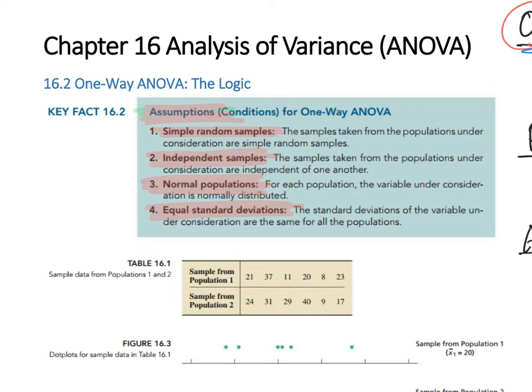In the pooled t-test, we assume sigma 1 squared is equal to sigma 2 squared. And I said we must assume equal variances. It is exactly this one. Equal standard deviation or equal variance is the same thing. But now we have k populations.